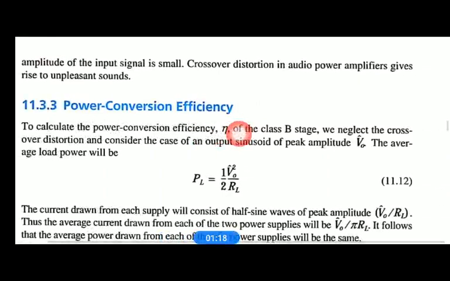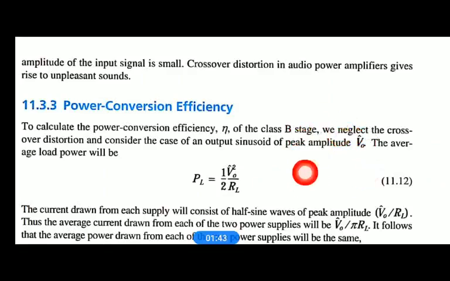So here the average load power will be given: PL is equal to V0 square divided by RL. Here we are neglecting the crossover distortion, and we are considering V0 as our peak amplitude.